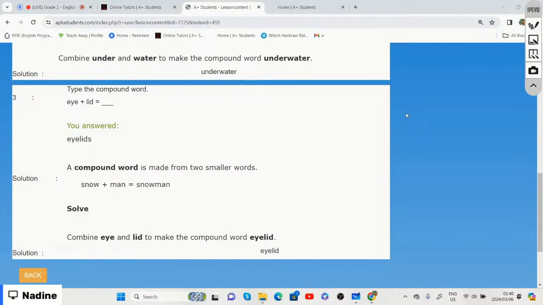Eyelid. There we have the word eye plus lid. All right, so eye plus lid.